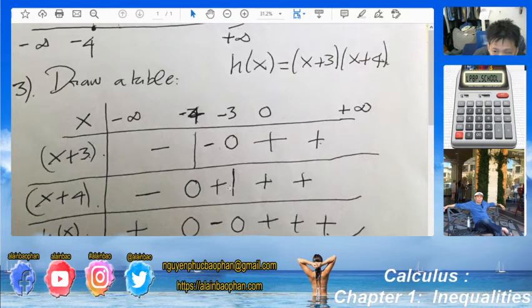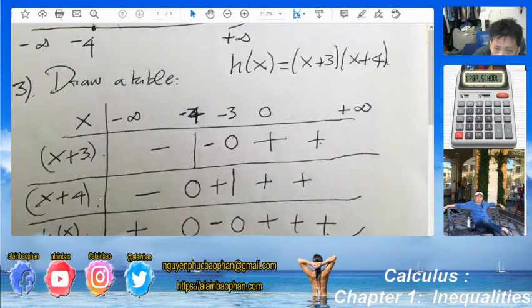And since we need the expression inequality greater than 0, then we cannot include minus 4 in here. So it's also open. Or x belongs to minus 3 to infinity. We do not include minus 3, so it's open, right?